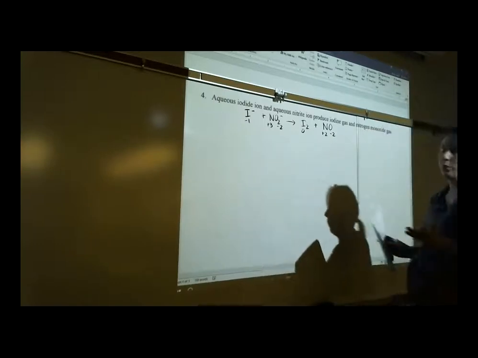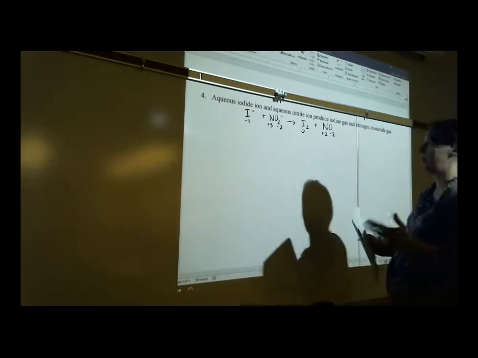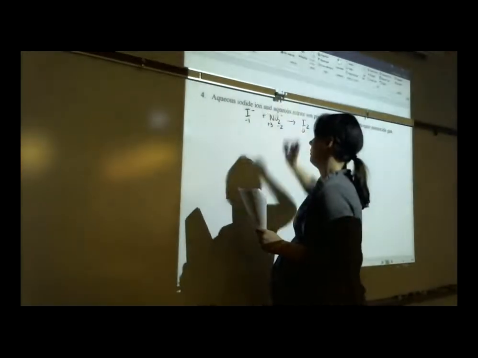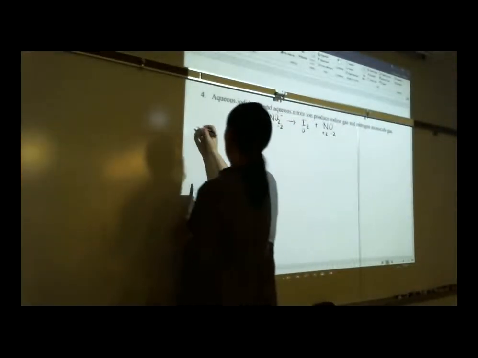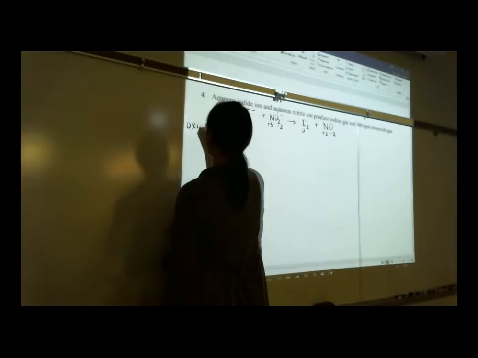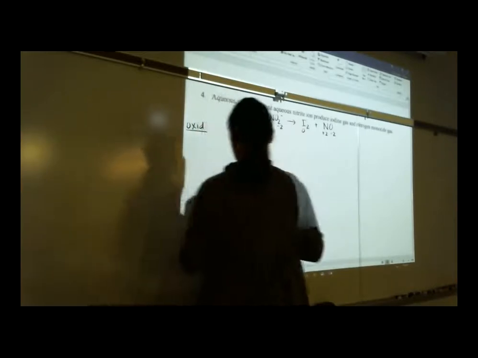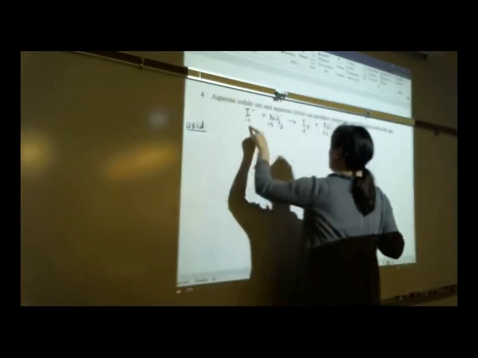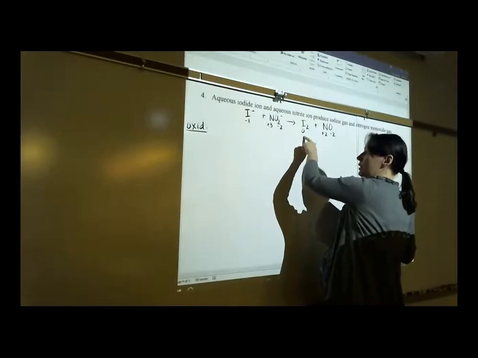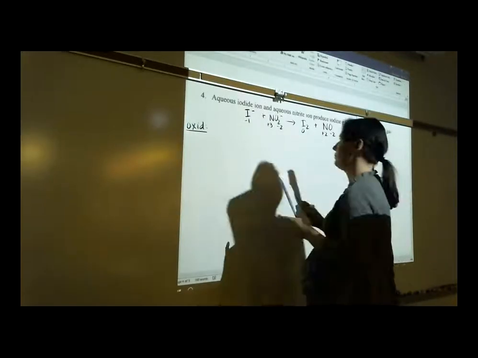So let's figure out what gets oxidized and what gets reduced and write our half reactions in, by the way. All right, so for oxidation, let's look at what happens. -1 to 0, all right, so that's a loss of 1 electron.